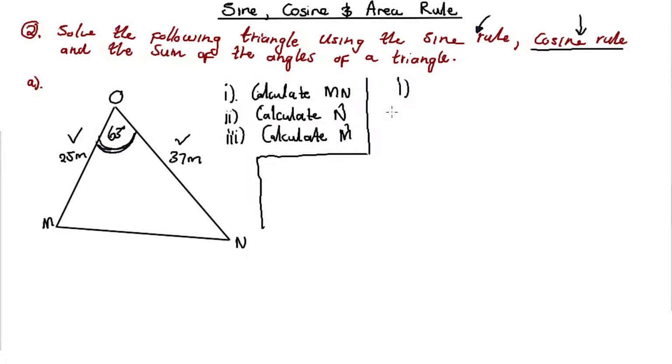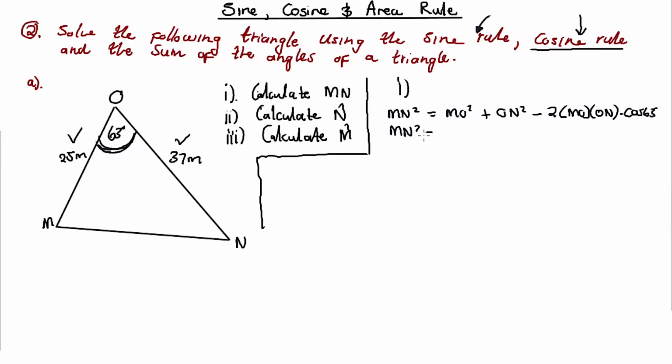So I'm going to say MN squared is equal to MO squared plus ON squared minus 2 multiplied by MO multiplied by ON multiplied by the cos of the given angle, which is 63.